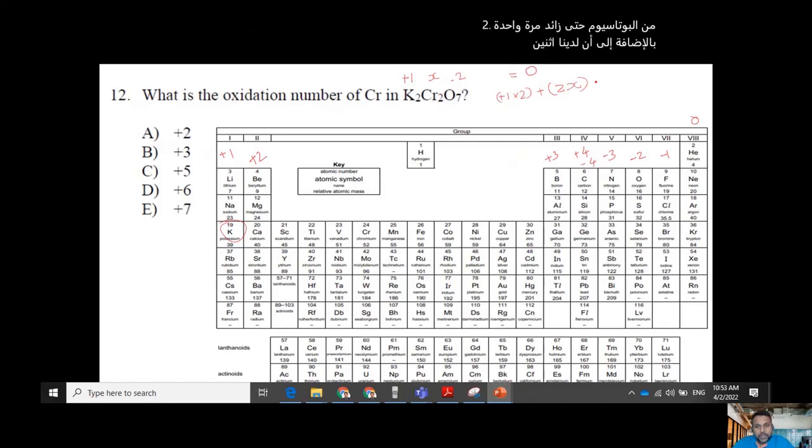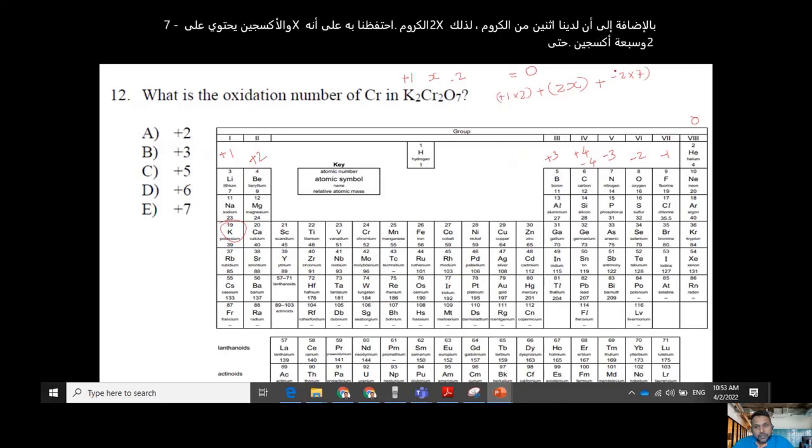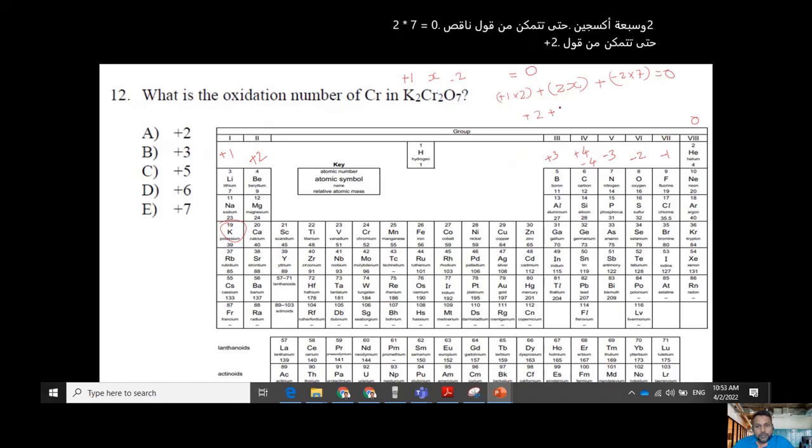Chromium we kept as x, and oxygen has -2 and there are 7 oxygen, so -2 times 7 equals 0. So you can say +2 plus 2x minus 14 equals 0.